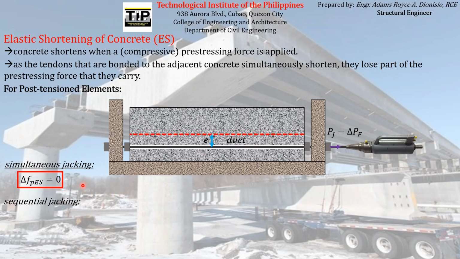So if the pre-stressing reinforcement is jacked sequentially, the magnitude of the pre-stress loss that can be expected due to the elastic shortening of concrete as the pre-stress force is transferred to the concrete element itself will be equal to this formula.